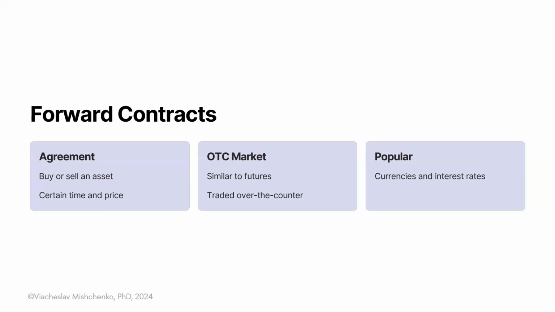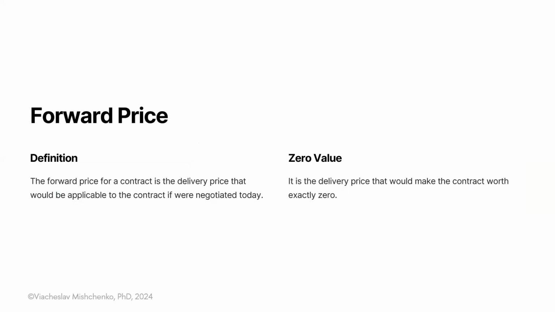Forwards are very flexible because of that. They may be particularly useful for businesses dealing with unique risks, non-standard quantities or even time frames. Let's talk about the forward price.